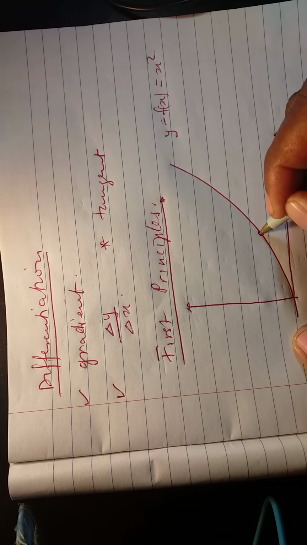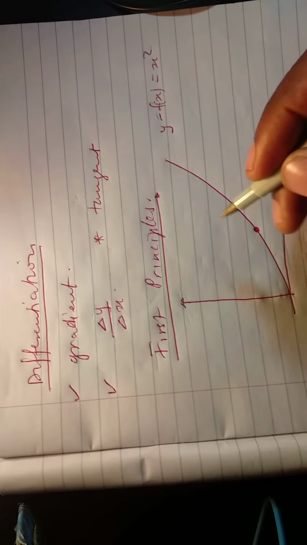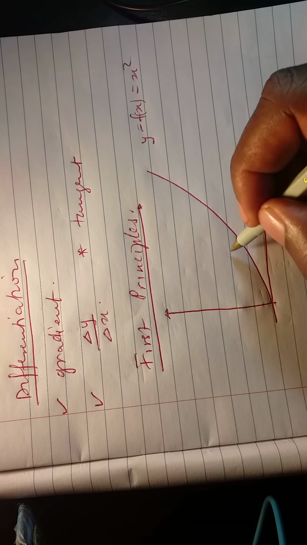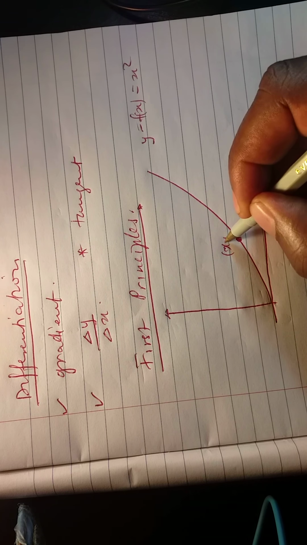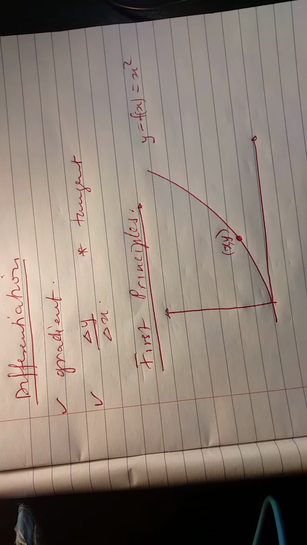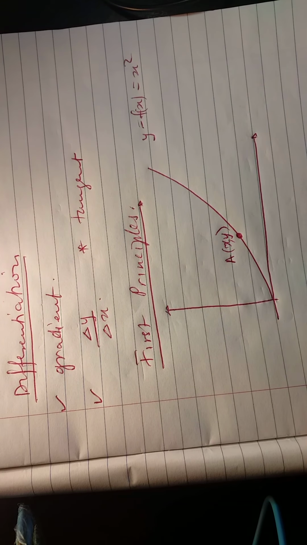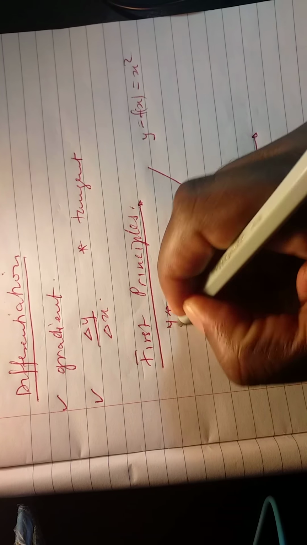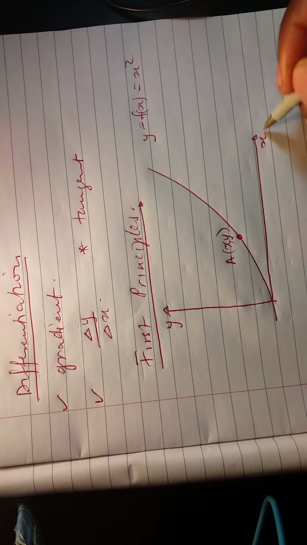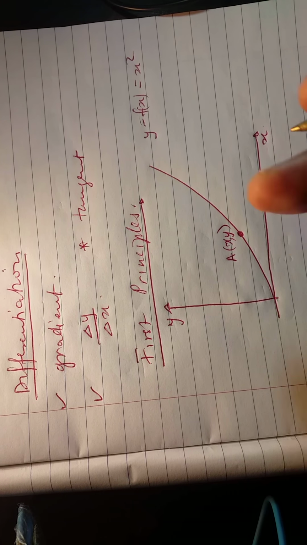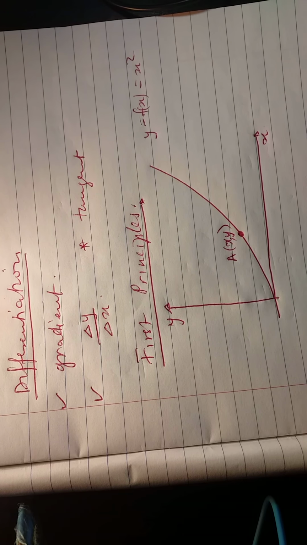And I want to find the gradient at this point xy. Okay, so that is my point A, which is xy, and I actually want to find the gradient at that point A. So from our previous knowledge, what we would do is to actually draw this on a graph paper, and then we do a tangent, and then we look for the gradient of the tangent.